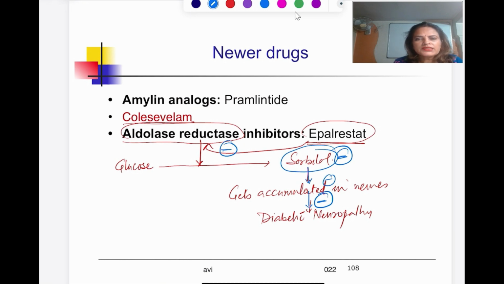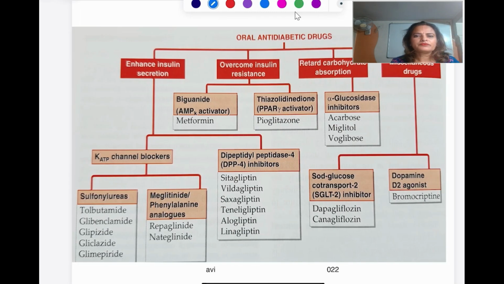So you can see a look at all the anti-diabetic drugs which I have covered, or what are all the anti-diabetic drugs we can use for a patient. Here, again, I have taken this from the standard textbook of pharmacology, that is KD Tripathi.